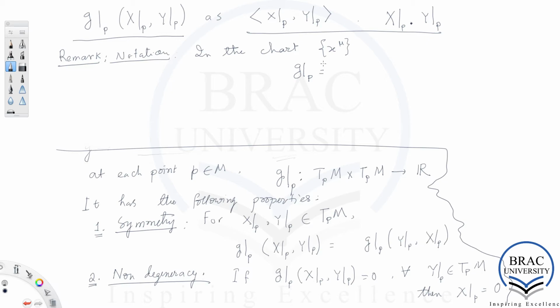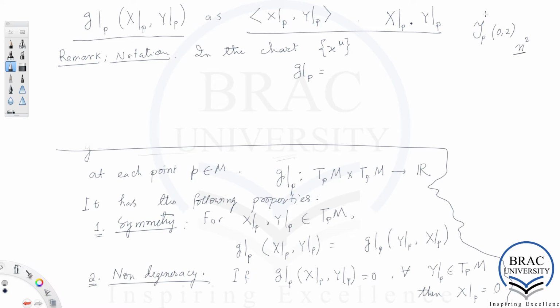The dimension of this vector space is n squared, where n is the dimension of the underlying manifold.